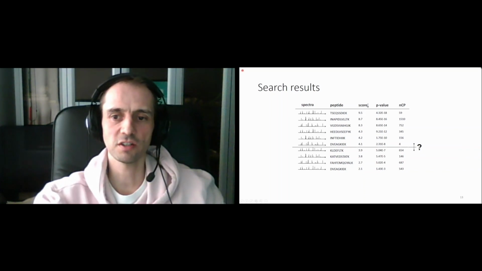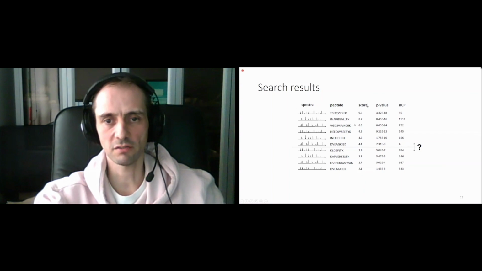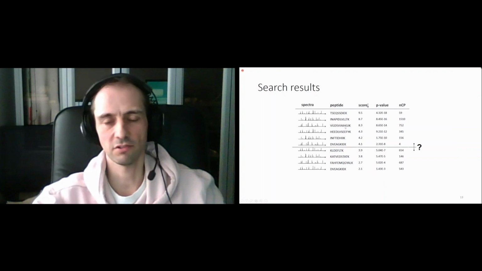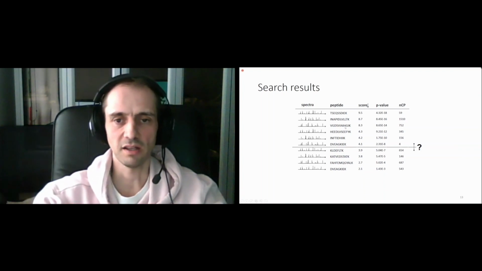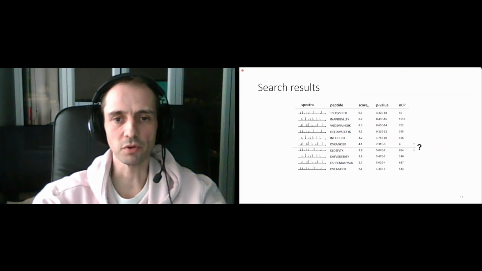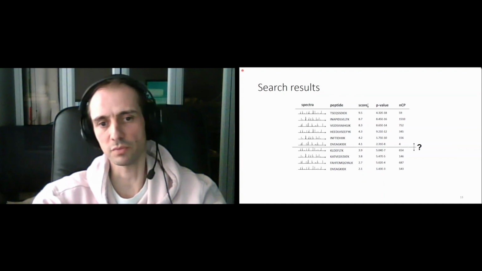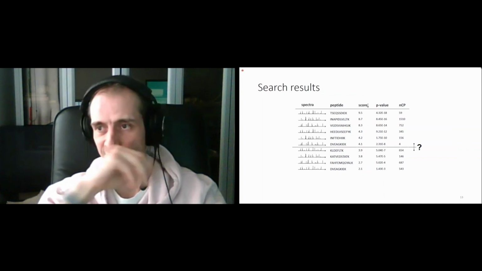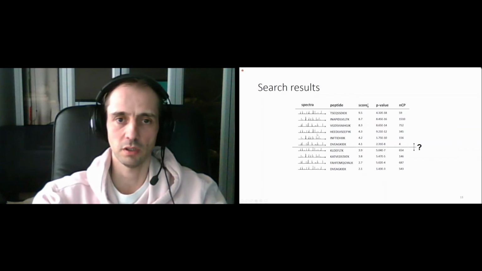And then the question is where can we put this decision threshold so that the error among the accepted annotations is at a fixed rate, for example, a 1% error rate or 1% false discovery rate.